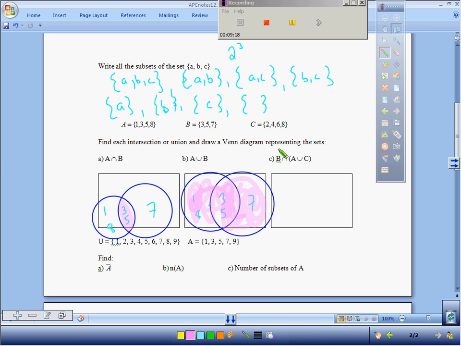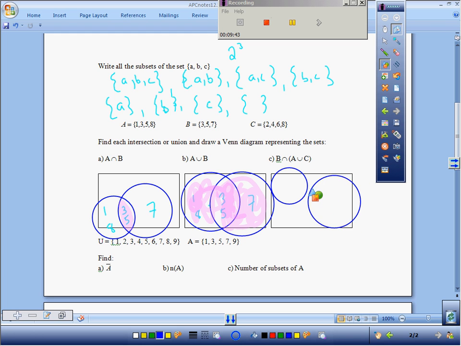So if I want to do A union C with the intersection of B, I draw a circle, and then we'll just draw another circle, and then I'll try to move them around. Now I can move them around.